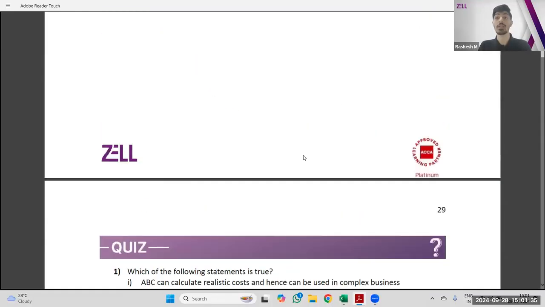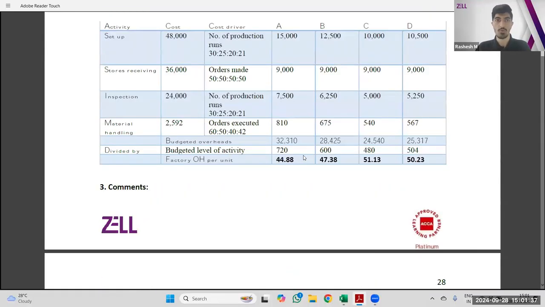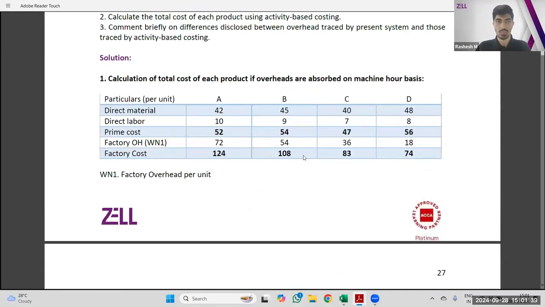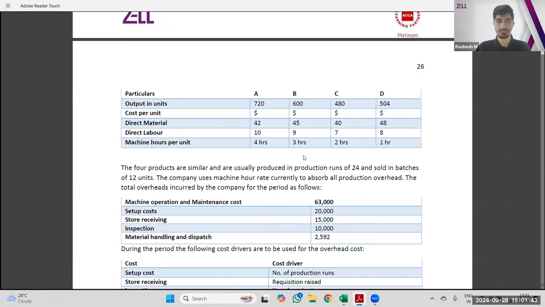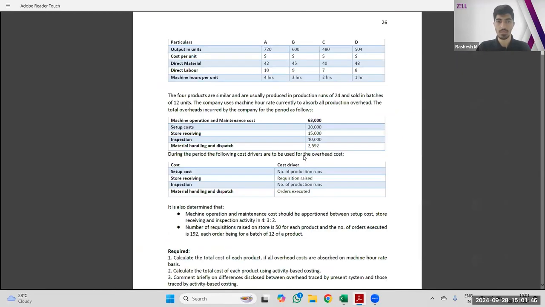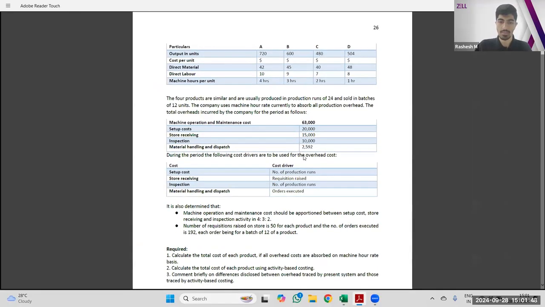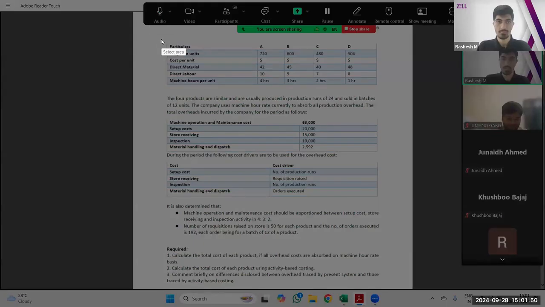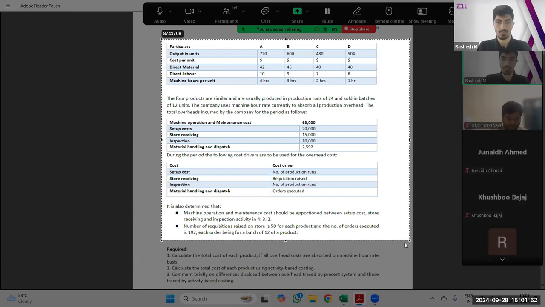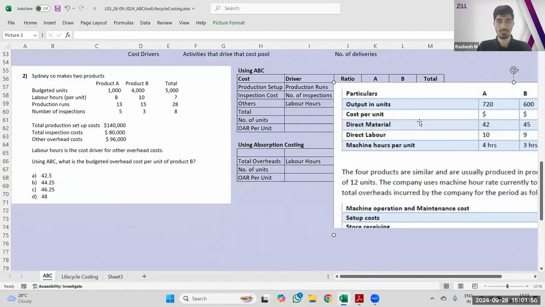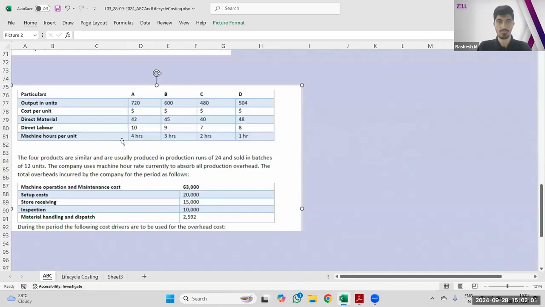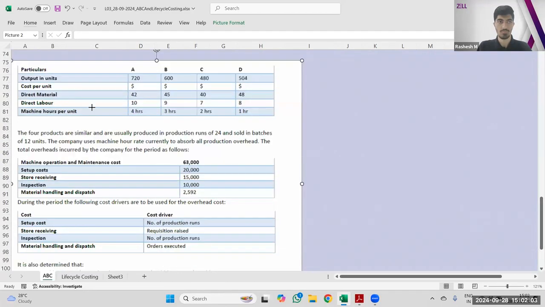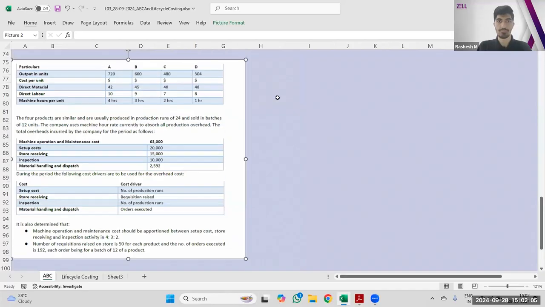Okay. So this is a full length question. This is what we have in the books. Let's take the data and then let's discuss it. So let me copy this. All right.